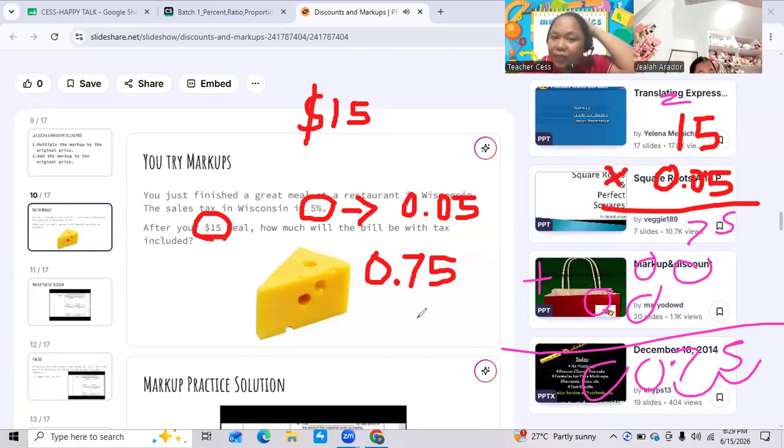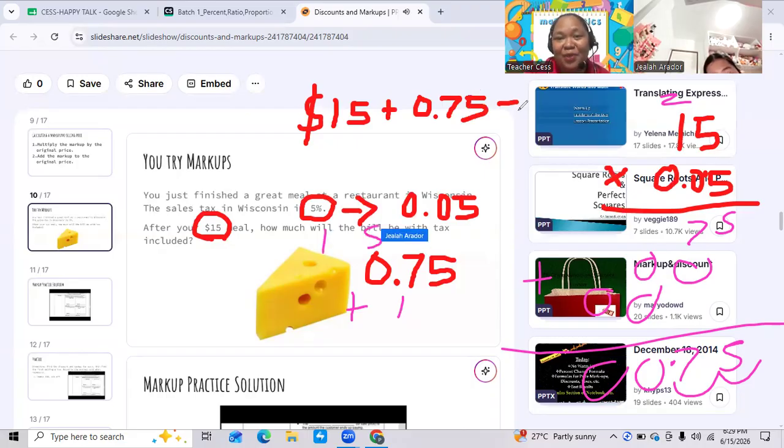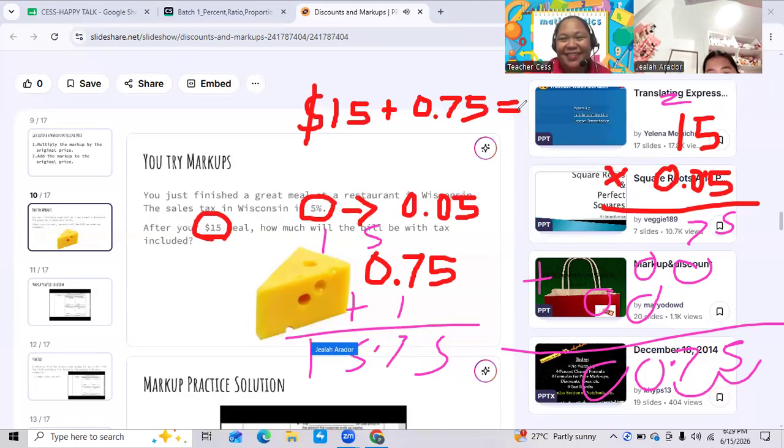Now, that is the tax. If you will include it to the original bill, $15, what are you going to do? So you will add $15 and 0.75. So, how much are you going to pay for the bill? 15.75.